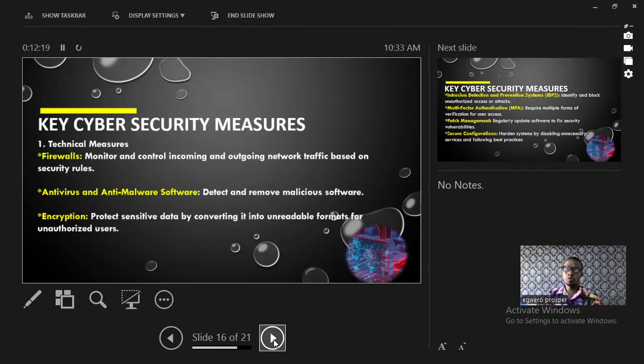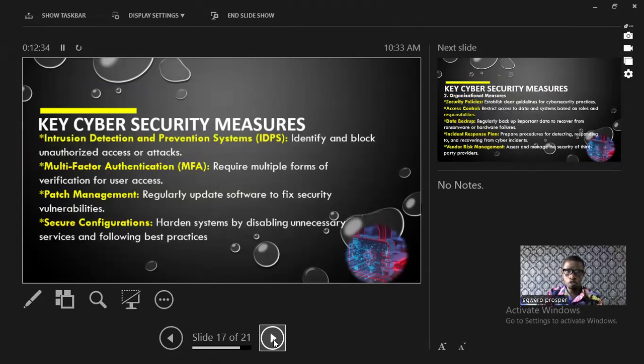But before then, we took our time to partition, right? Which I said is also a very good step to make sure that you separate the sensitive data from the entire drive space. And then we'll also talk about the intrusion detection and prevention system, IDPS. You have to be checking your notes. I don't want to miss any part. That is why I am going through everything again.